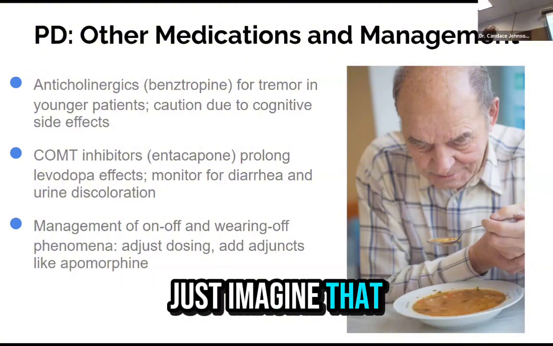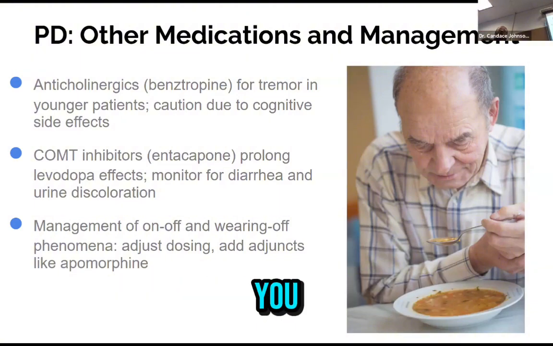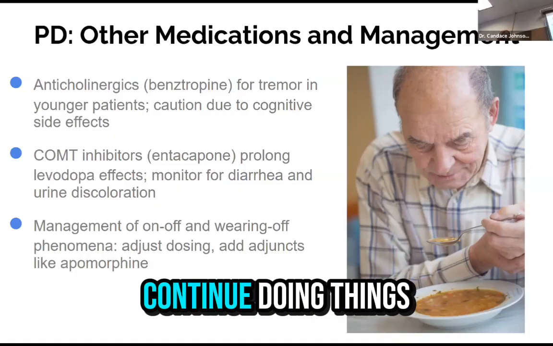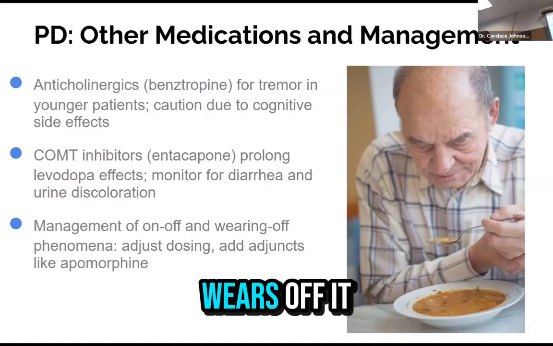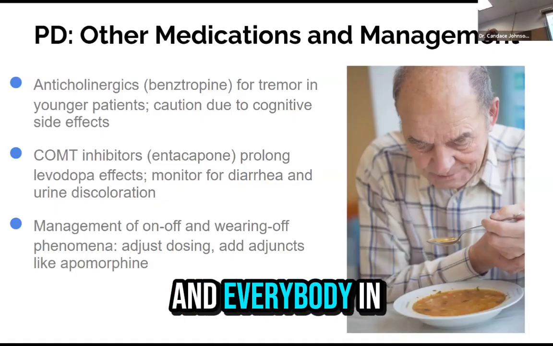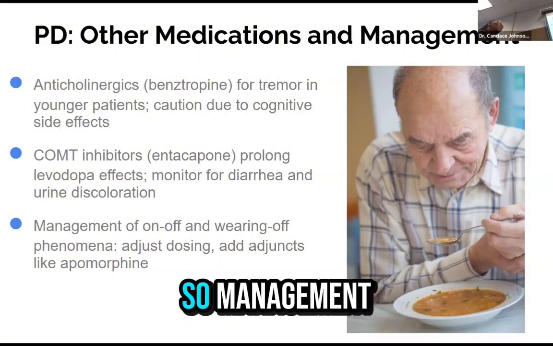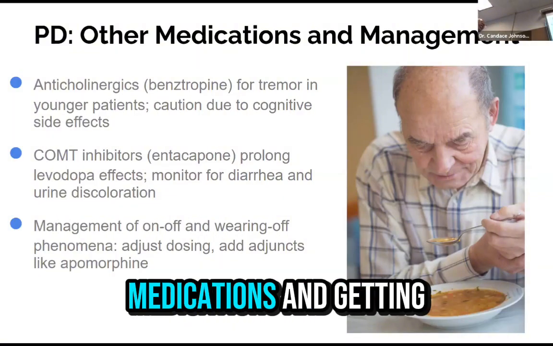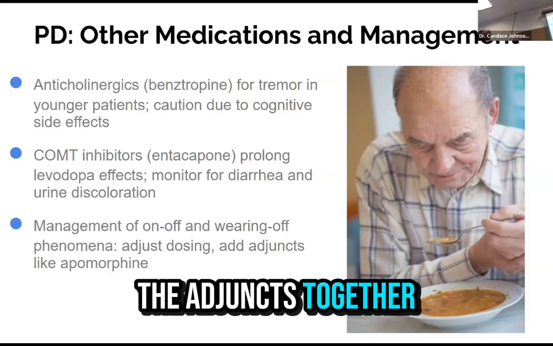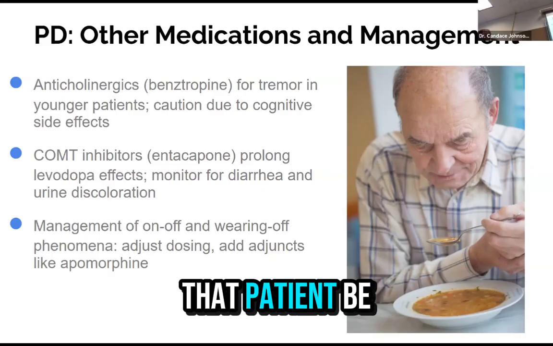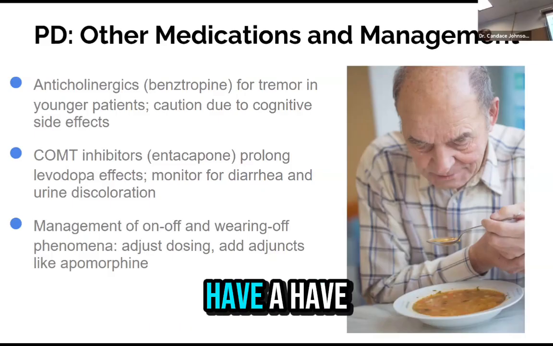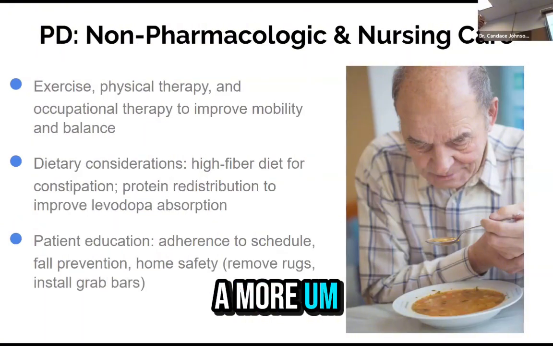Just imagine that you're on a medication and it works well for you, so you're able to work and continue doing things in your life, but when it wears off, it wears all the way off, and everybody in your office is exposed to your worst symptoms. So management of those medications and getting the adjuncts together really will help that patient have a more sustainable lifestyle.